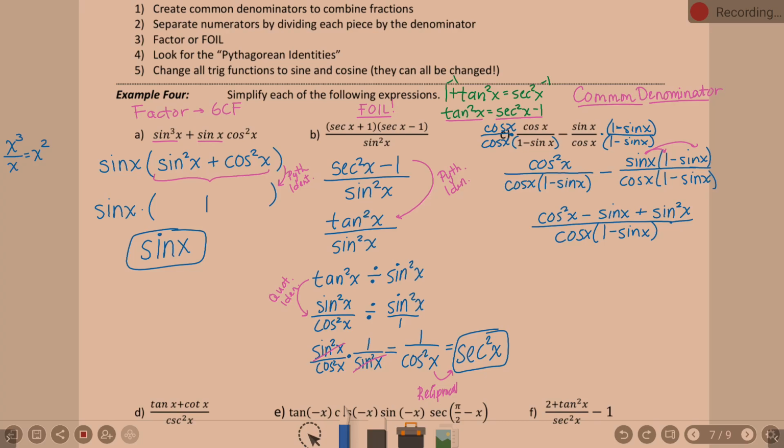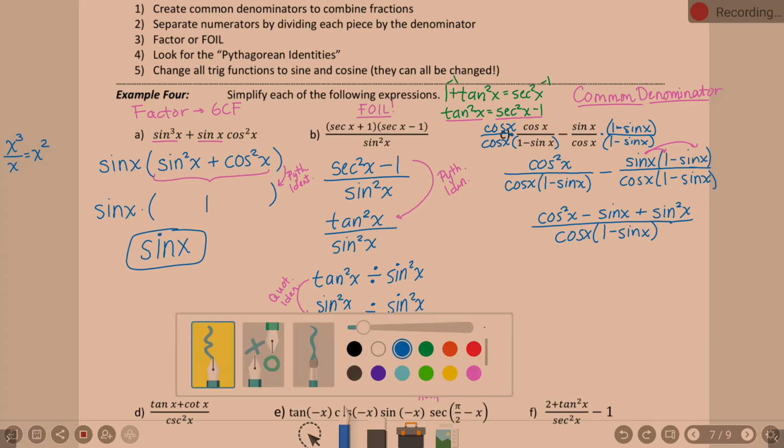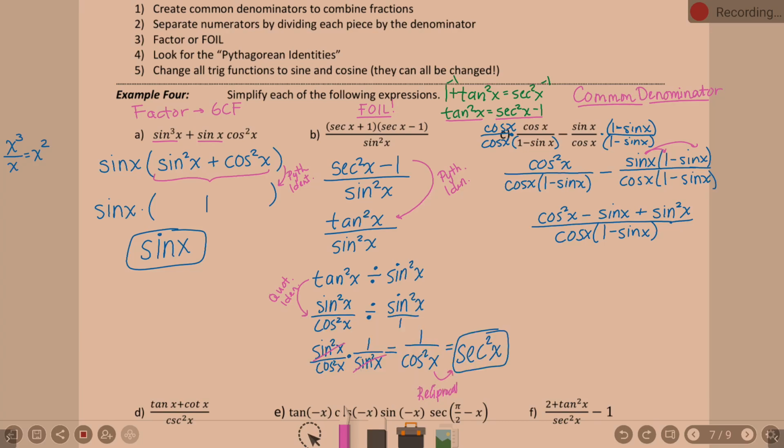Okay, we're still going. I would start examining your numerator, if you want my hint. And check out those identities. Cosine squared x plus sine squared x will equal 1. What's he referring to?